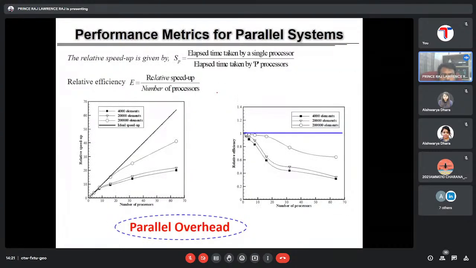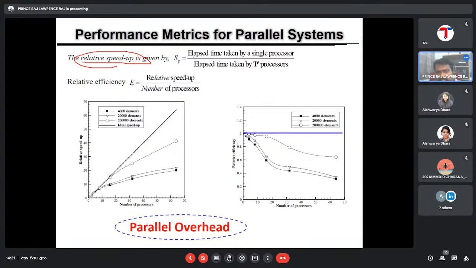Now, at the end of the day, we did the parallelization, but we want to see how much performance it is giving. As I said, adding processors doesn't mean that my performance will scale equally. No, it is not possible. So we have to see some relative performance metrics. The first thing is speed up.